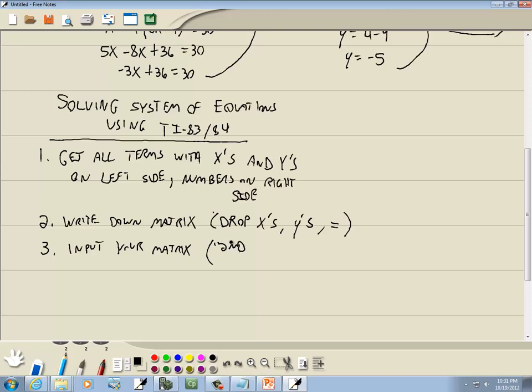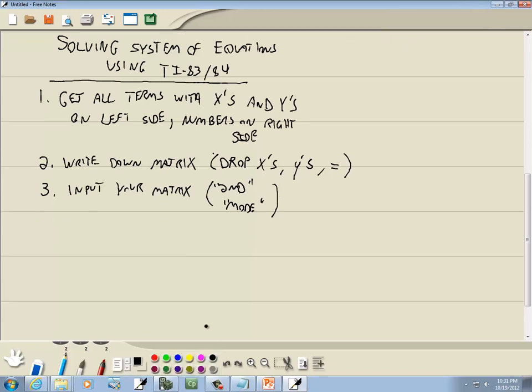And we want to make sure we do a second mode once we're done inputting our matrix. And let's try this, step number 4. Now, after we do a second mode, we've exited out. So we want to go back into our matrix menu.